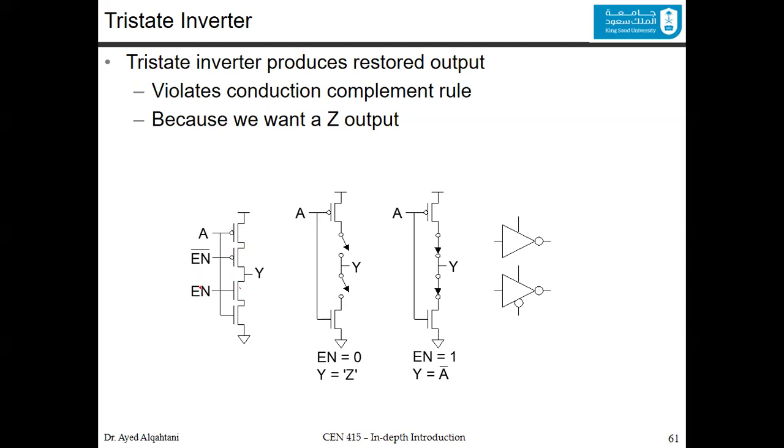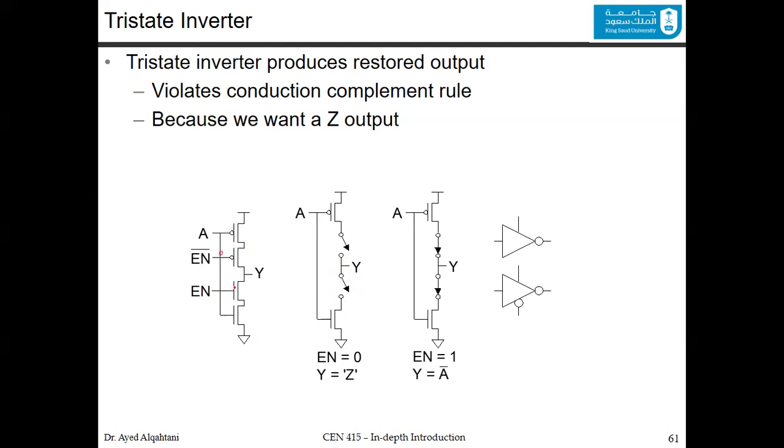similar to what we've discussed, both of them, the enable and the enable bar, are going to be either off or on. They will be off when the enable is 0. So this is 0, this would be 1. This means that this is off and this is off, indicating this scenario.